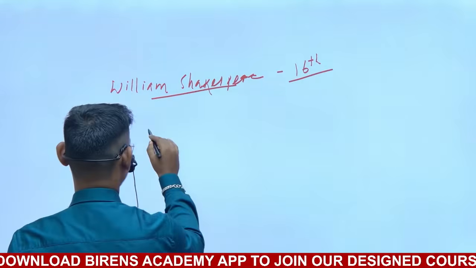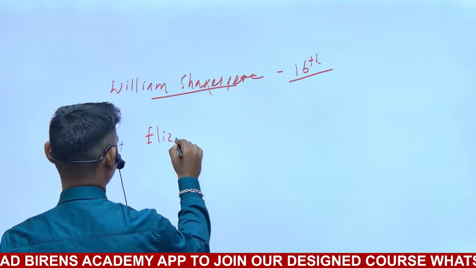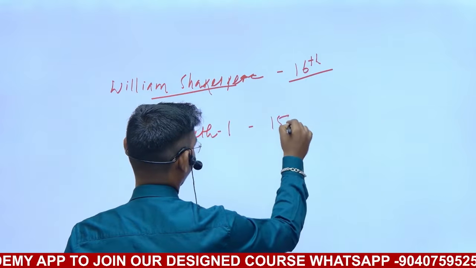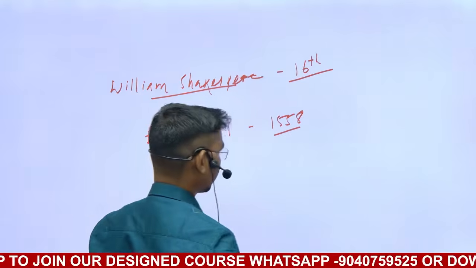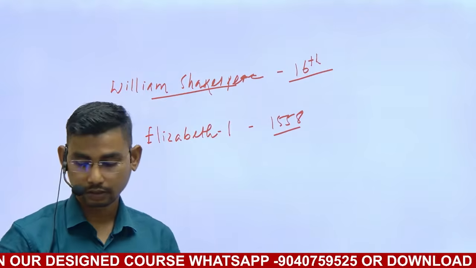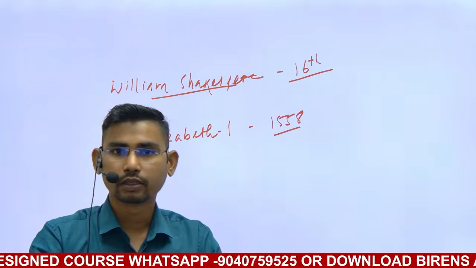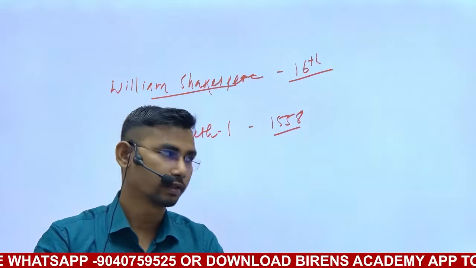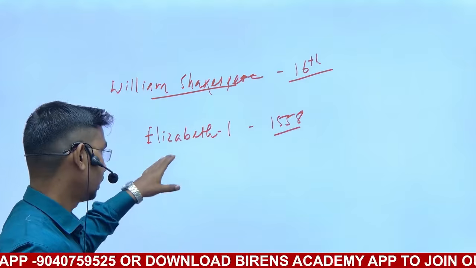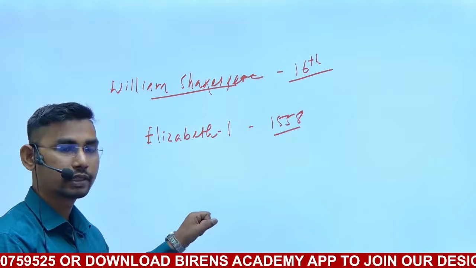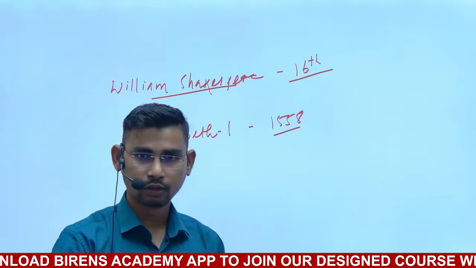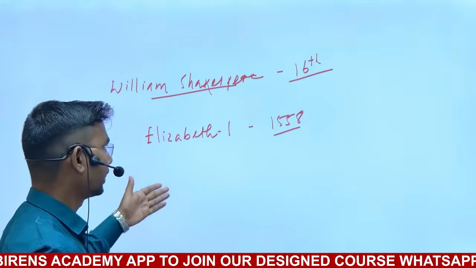In 1558 she becomes the Queen of England. From then the Elizabethan era begins. And here we are going to learn about the Elizabethan dramas by William Shakespeare and so many other playwrights also, which we will discuss in detail.